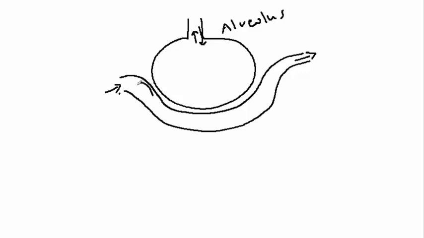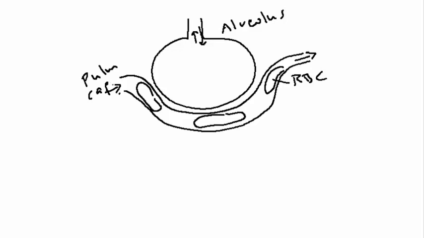We have some red blood cells in here. So those are red blood cells. And we have pulmonary capillary coming in and out. The blood that is returning from the body comes in through the pulmonary capillaries and is rich in carbon dioxide.